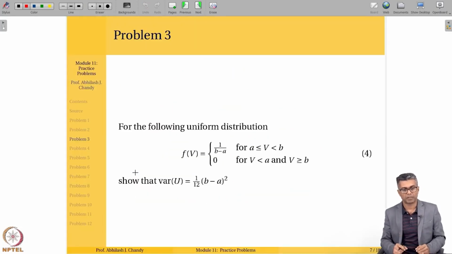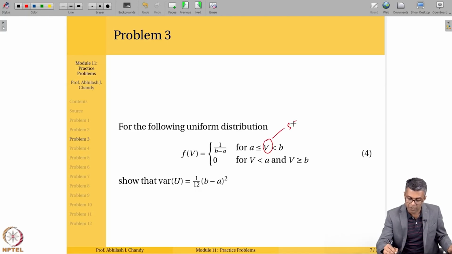This has to do with PDFs, probability density functions. Problem number 3. For the following uniform distribution, f of v is equal to 1 over b minus a for a less than or equal to v less than b, and 0 for v less than a and v greater than or equal to b. What is v?